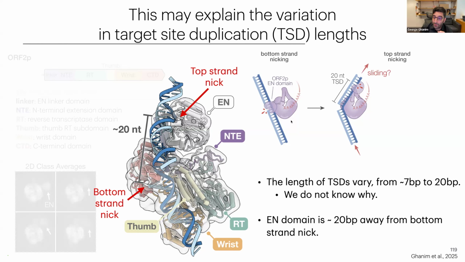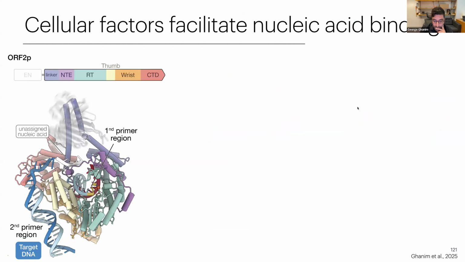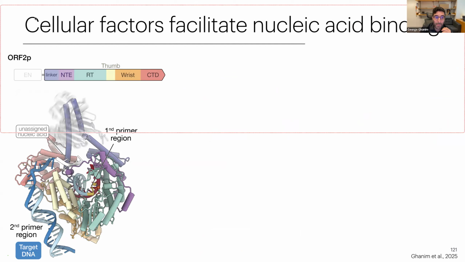But as you saw, ORF2p sliding, or more importantly, melting of this target DNA would draw this bottom strand nick towards the endonuclease domain. That would bring the two nick sites closer together, resulting in target site duplications that are less than 20 nucleotides. So we think that where we find the endonuclease domain explains a feature of retrotransposition.